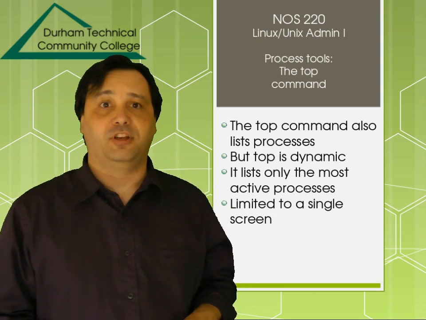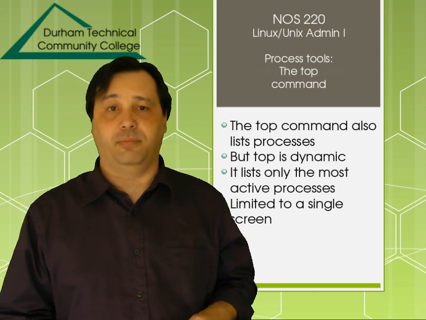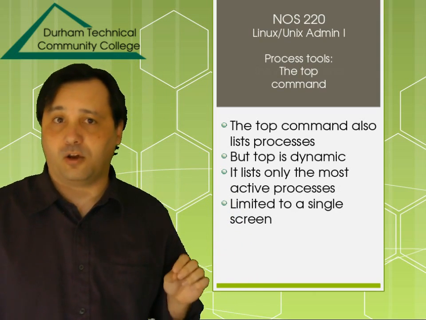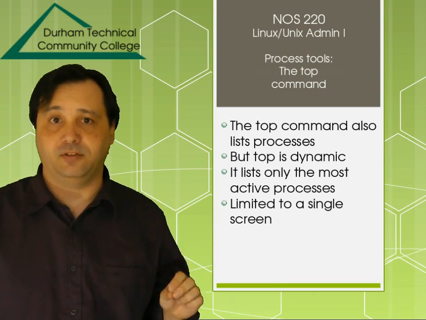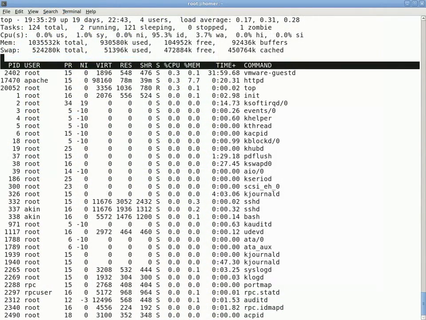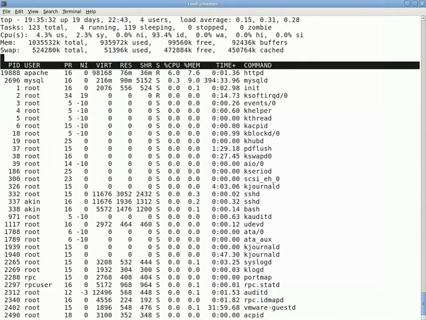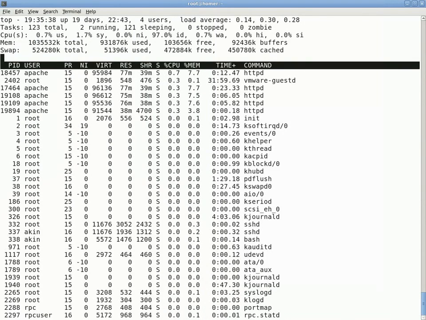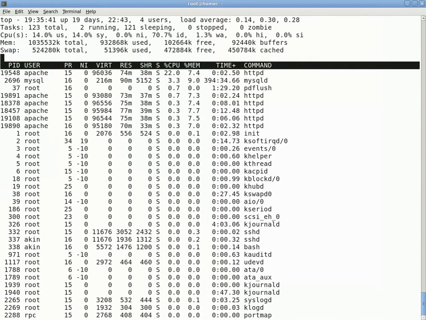The same information can be seen dynamically using the top command. While not quite as flexible as ps, top updates once every second, although this interval can be changed. In addition, top sorts processes by default by the amount of CPU time that they use.